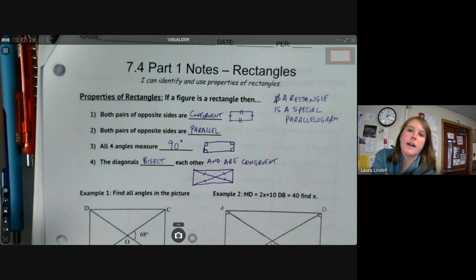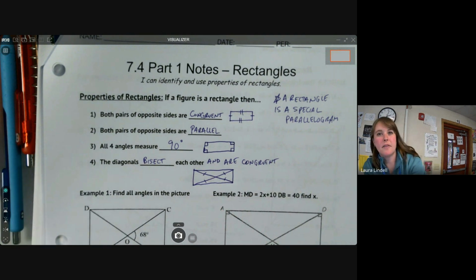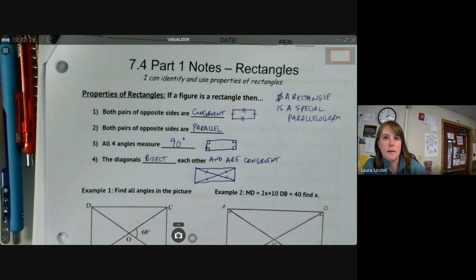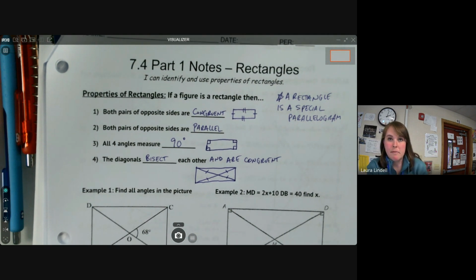This is actually something that I've used before. So you think, when am I ever going to use this? When I was working on a little construction project at my house. I was building a little shelter structure type thing in my backyard, and it was in the shape of a rectangle.